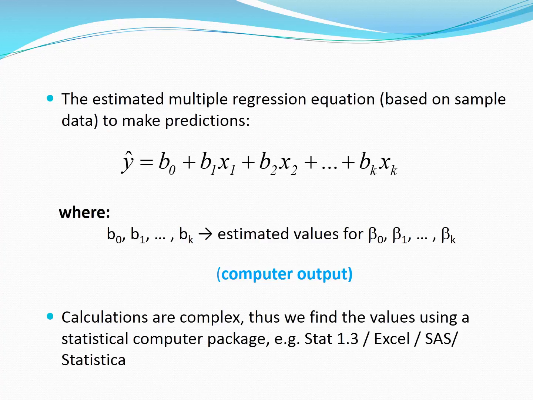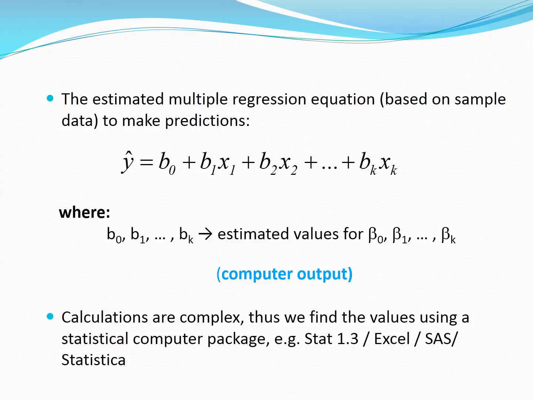Since we can't always observe the whole population, we can use sample data to estimate our multiple regression equation to make predictions. So your estimated multiple regression equation will be given by this equation, where y hat is the predicted value of your dependent variable. b0 is the estimated value for the y-intercept, and b1 up to bk will be the estimated values of your regression coefficients.